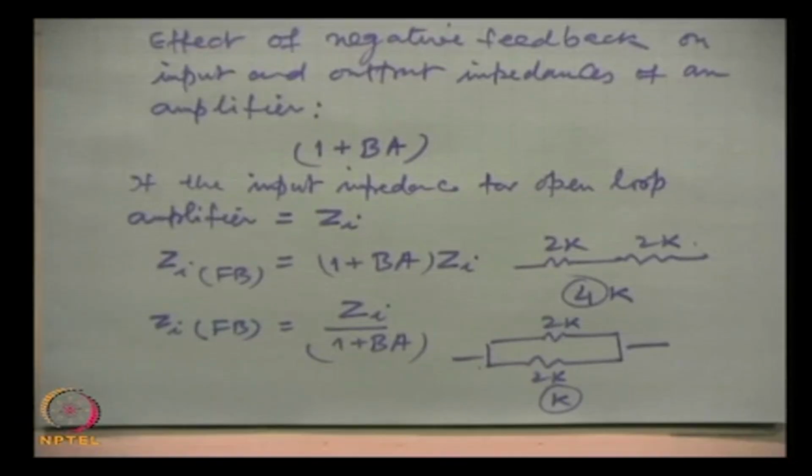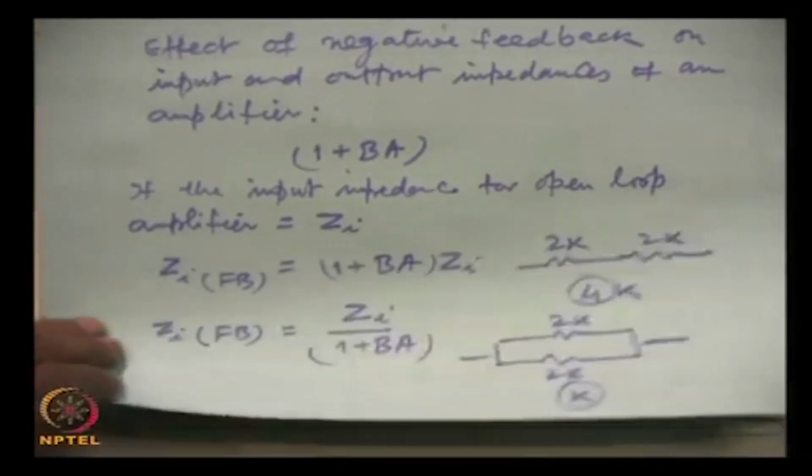We derive an expression for the input and output impedance. I take just one example each at the input and output, and similarly the analysis can be done for all the 4 circuits, because we have to devote time to other things.